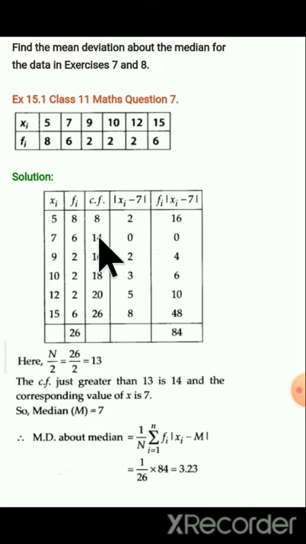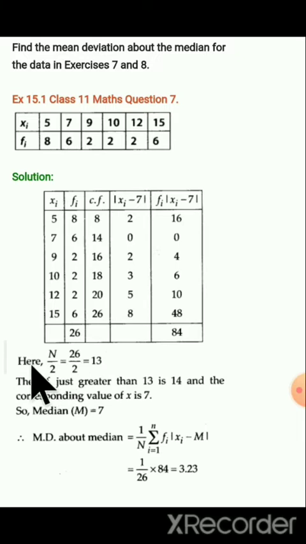Next we will get second value by adding this first value and this second value, that is 8 plus 6 equal to 14, 2 plus 14 equal to 16, 2 plus 16 equal to 18, 2 plus 18 equal to 20, 20 plus 6 that equal to 26. Next this value is nothing but sum of all the frequencies.